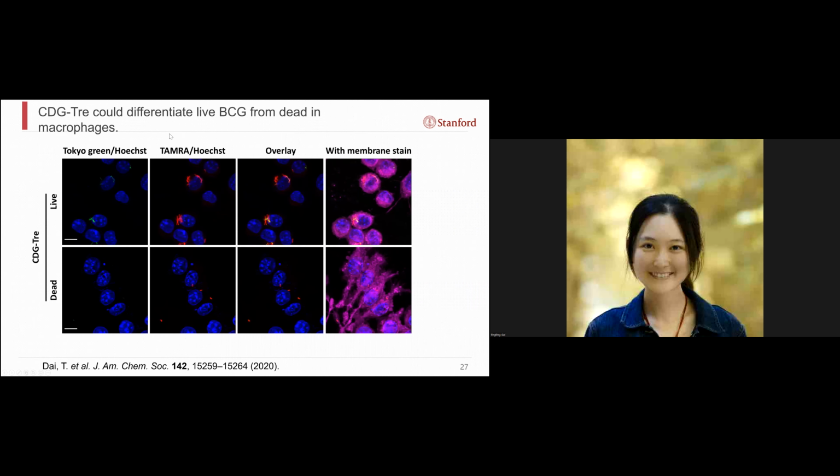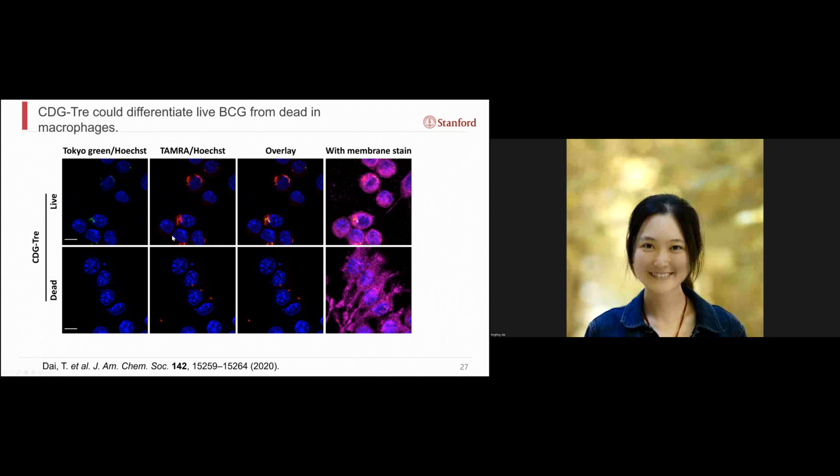So finally, we want to see if our probe could differentiate live bacteria from the dead ones in the macrophages. This can be achievable because our probe is a metabolically labeled probe. So if the bacteria is dead, it shouldn't take up any of our probe. So as you can see here, indeed in the live bacteria, you can clearly see the fluorescent signal in these bacteria, but in the dead ones, you don't see any signal.